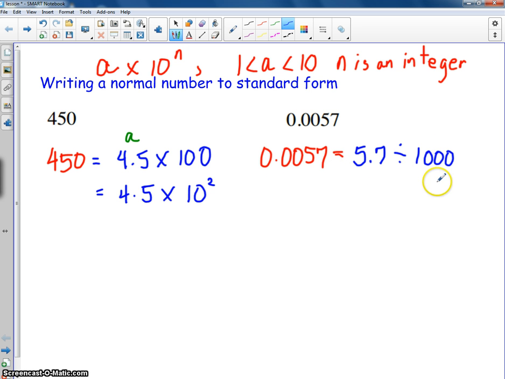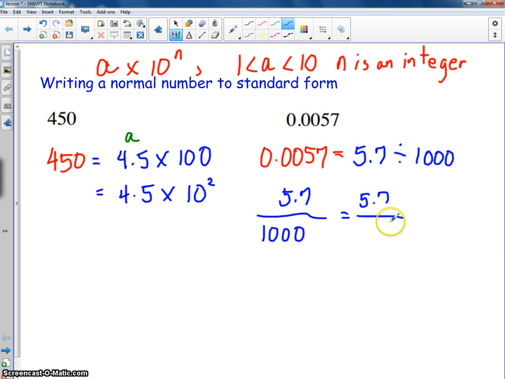Now, how do you write this in standard form? Remember that 5.7 divided by 1000 can be written as the fraction 5.7 over 1000.